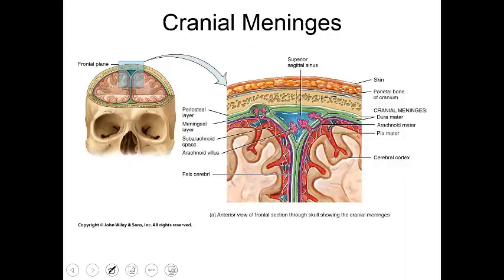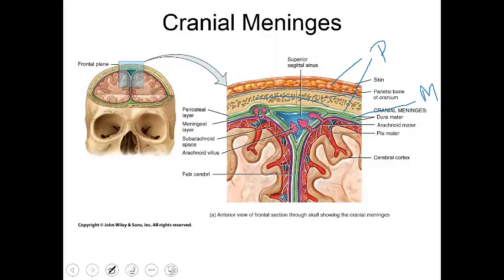So this image is nice because it explains all of the different layers pretty well. This is the skin of the skull with its adipose tissue. This is the bone right here. Now you see in the green layer you have two sublayers. The one oriented towards the bone is the periosteal layer, and the inner one is the meningeal layer.